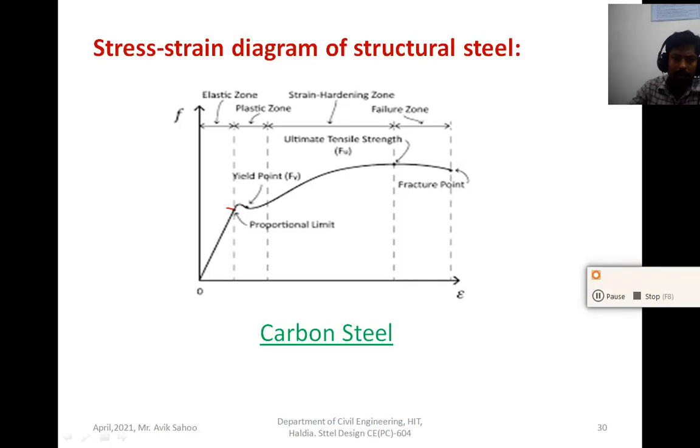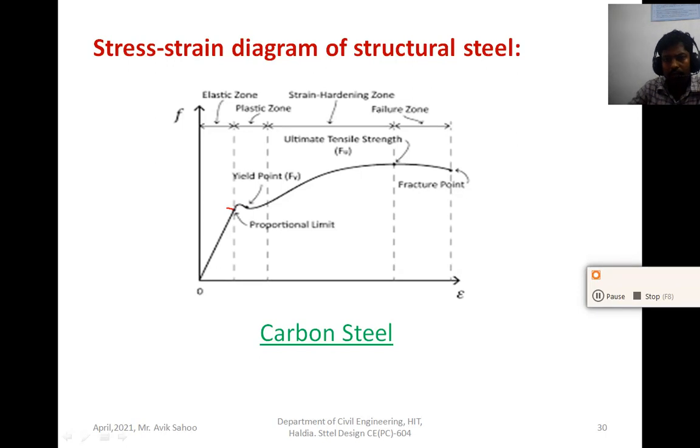It means if I release the load, it comes back to the original length. There is no permanent deformation. This stress strain diagram is plotted by performing the tensile test.